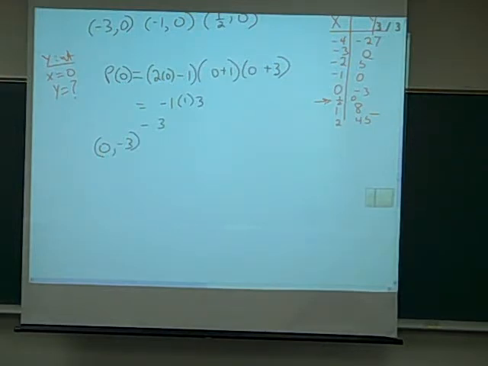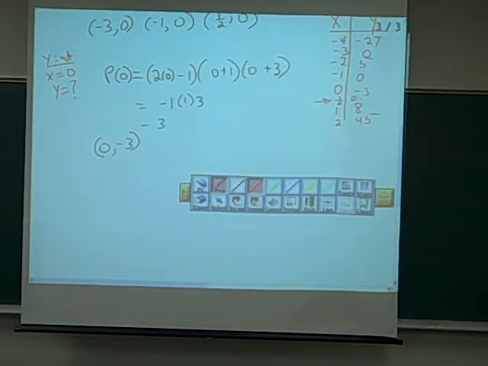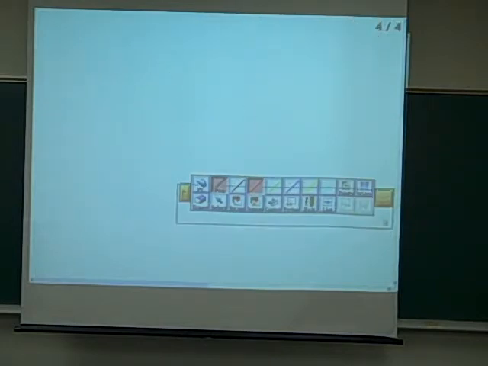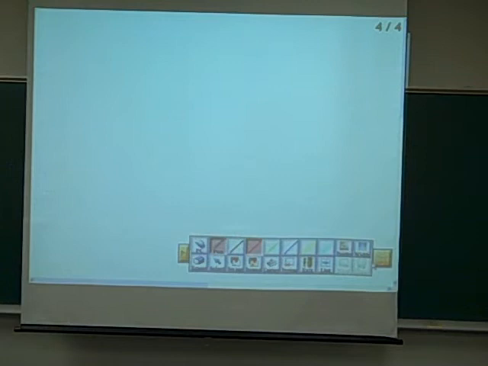Here we have P of x is equal to x minus 2 parentheses squared, and then x plus 1, and we're going to close that up.